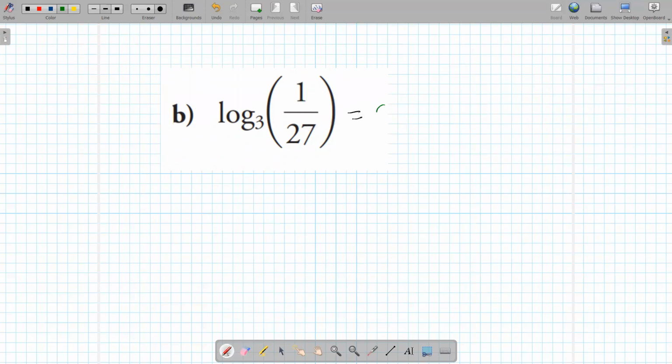It's exponents. Now let's rewrite this in exponential form. It's gonna be 3, the base, to the power of c equals 1 over 27. What do we do now? This one does have an answer because that number is positive. Can we write 1 over 27 as 3 to the power of something?